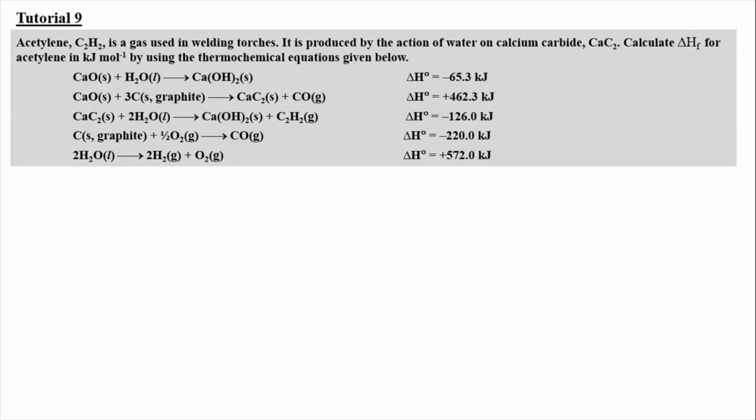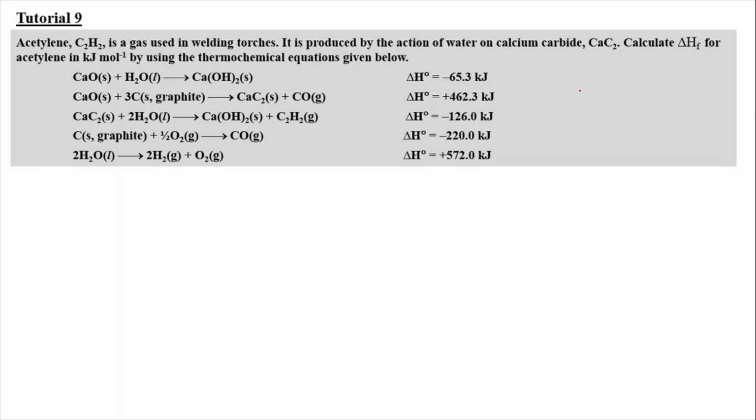All right, for question 9, acetylene C2H2 is a gas used in welding torches. It is produced by the action of water on calcium carbide CaC2. Calculate delta H for the acetylene in kilojoule per mole by using the thermochemical equations given below. So we were given a lot of equations here, and we need to find the enthalpy of formation of acetylene in kilojoule per mole.